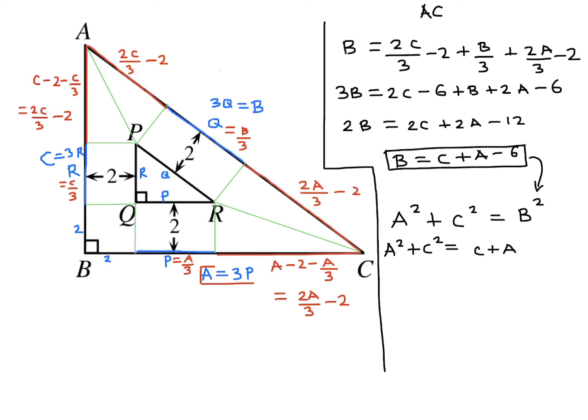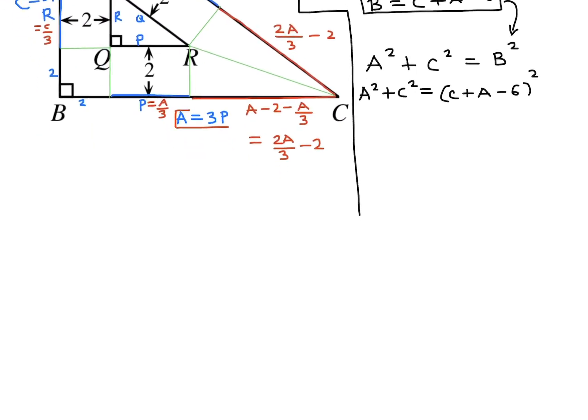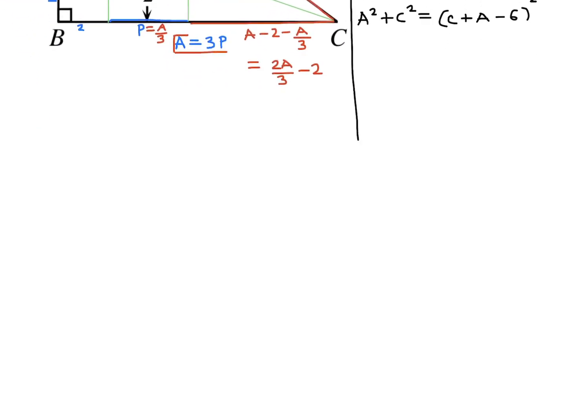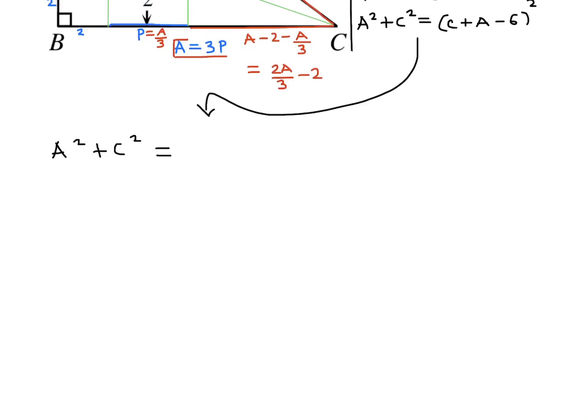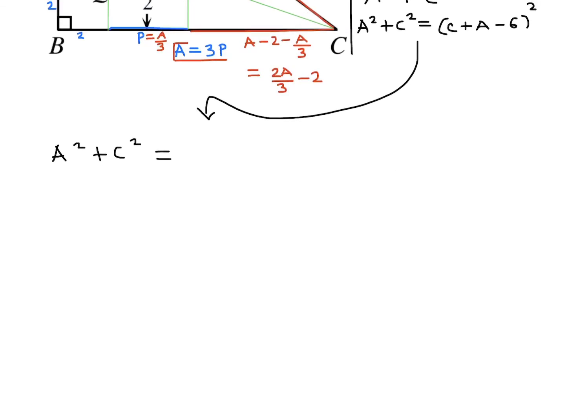So c plus a minus 6 all squared. Okay? And now we can move forward and do the algebra here. So I'll bring it over here. We have a lot more space there. So we got a squared plus c squared is equal to c plus a minus 6 all squared.